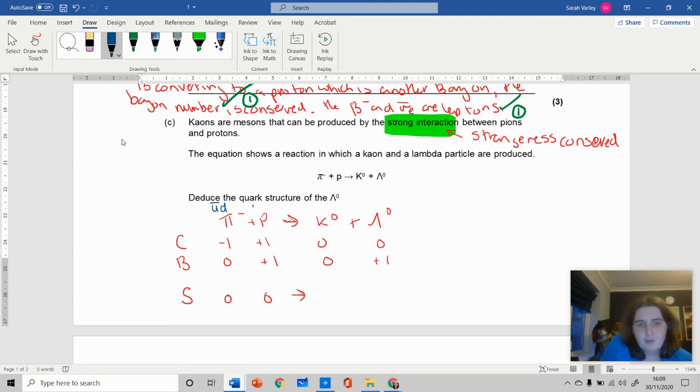A proton, of course, is up, up, down. And these two I don't know. So a K naught has to have no charge and must have some strangeness about it. So it could be, of course, down, anti-strange. It could be strange, anti-down. It could be strange, anti-strange. It could be one of those three.